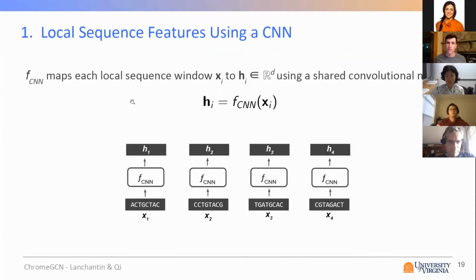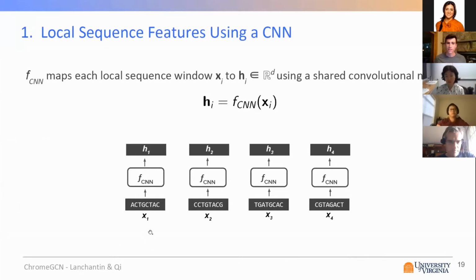The first module is extracting local sequence features using a convolutional neural network. This module F_CNN maps each local sequence window xi to a vector that we call hi of dimension d using a shared convolutional neural network.